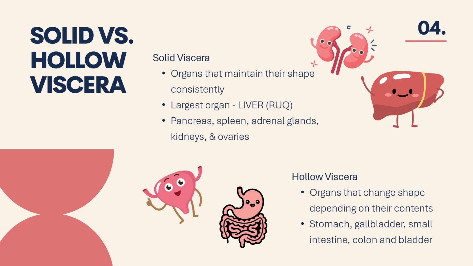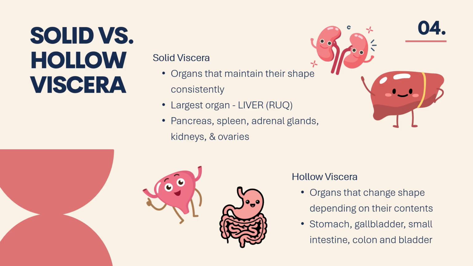Then you have your hollow viscera. So this is an organ that can change shape and size depending on the content. So depending on what is in it. So typically they're going to be like a quote unquote tube or a sac organ. Think of these organs, the characteristics, they're going to expand and contract. Contents can move through them, so whether that's air, fluid, food, waste, whatever it is. If you were to have like a blockage in a hollow organ, then that could produce like an acute, severe, crampy pain.